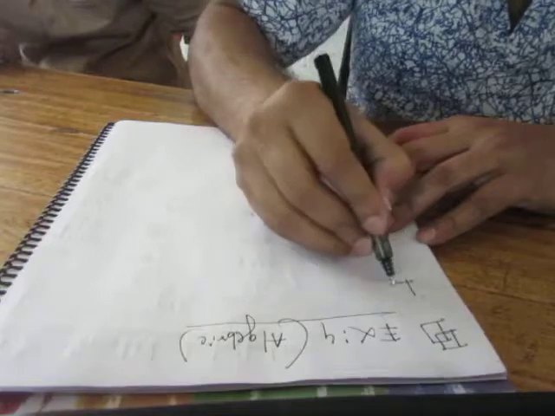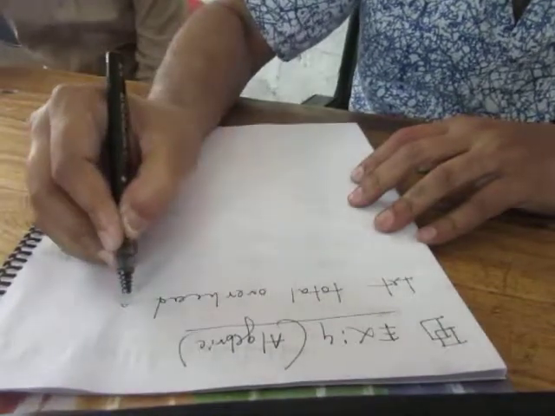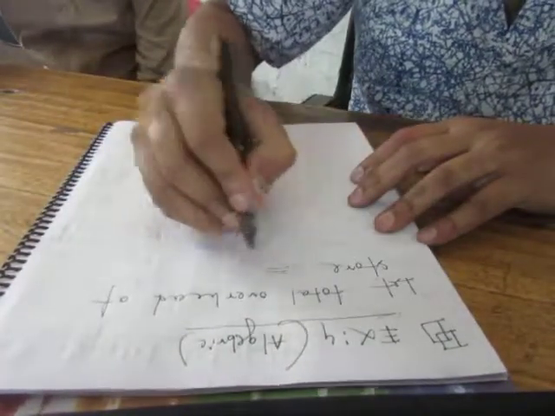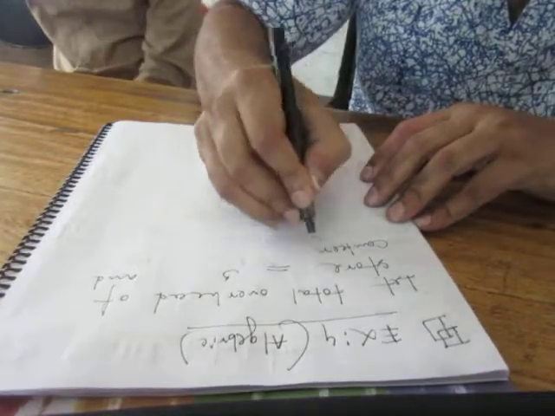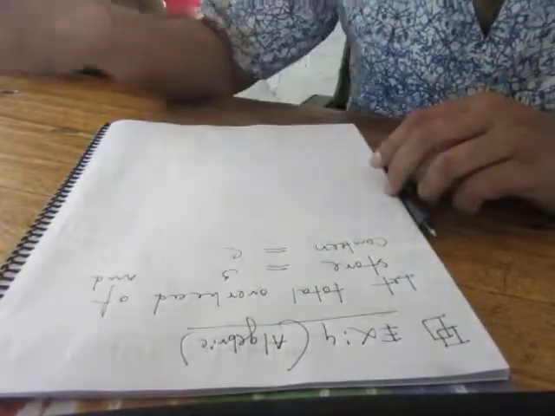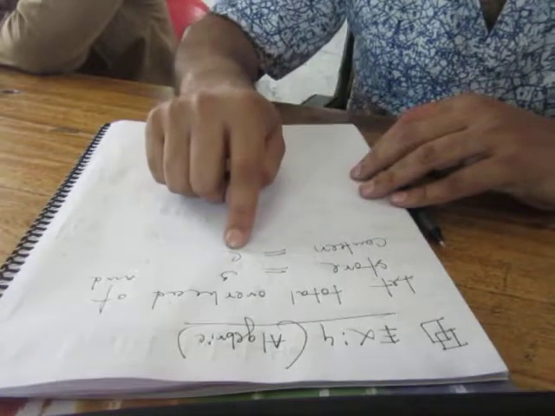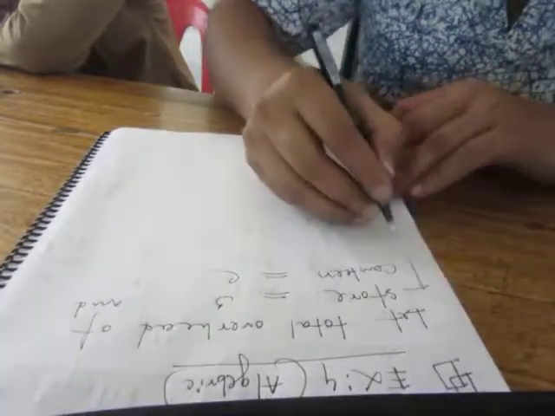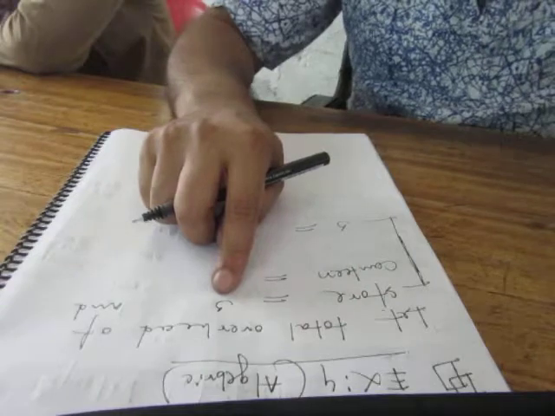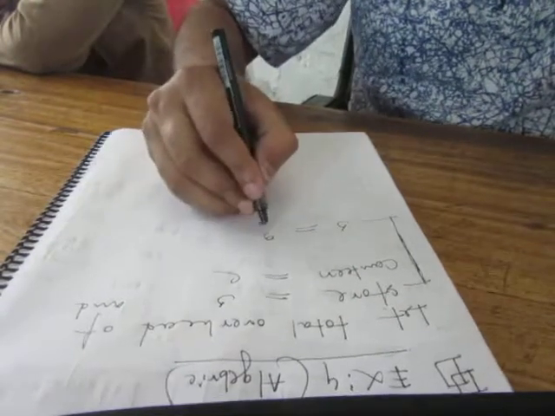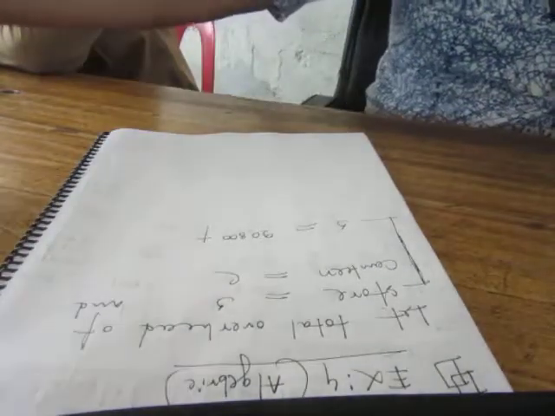One is the store. Let the total overheads of the store equal S and of the canteen equal C. Suppose we assume the total overhead of the store is S and the total overhead of the canteen is C. This S means the total overhead of the store. The store's initial overhead provided was 90,800, and some portion comes from the canteen.